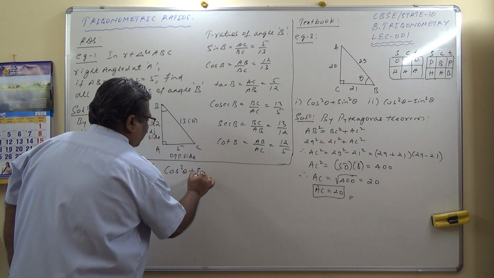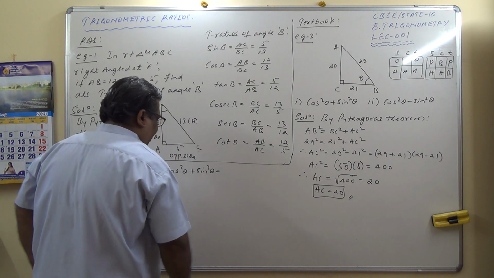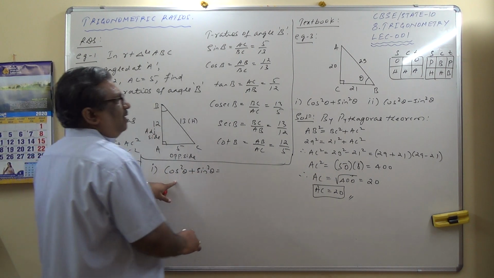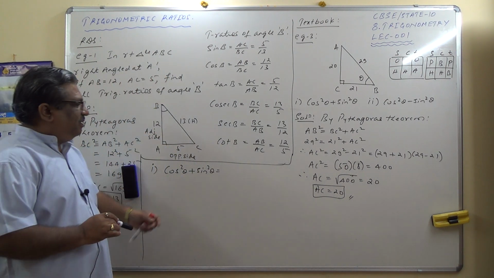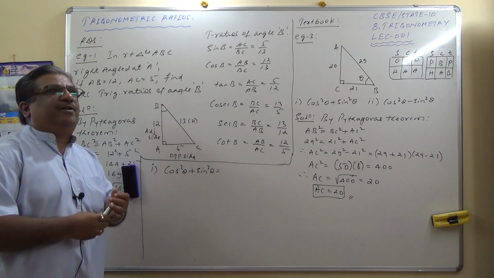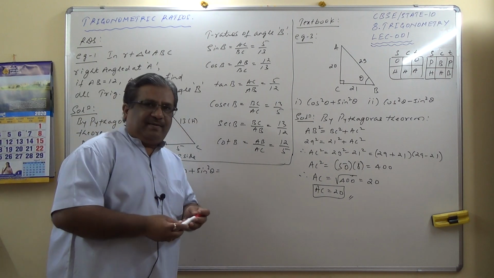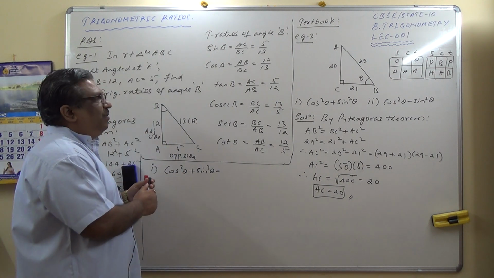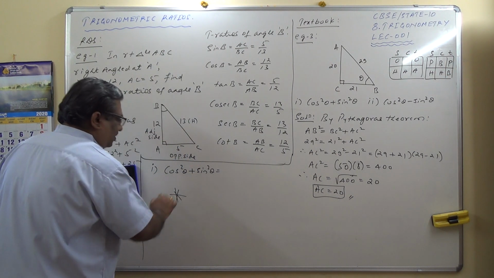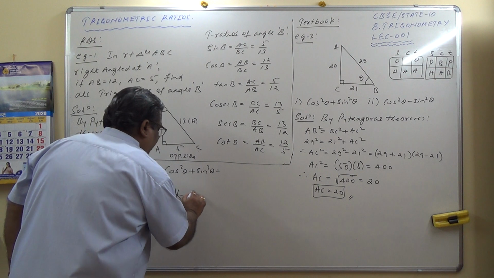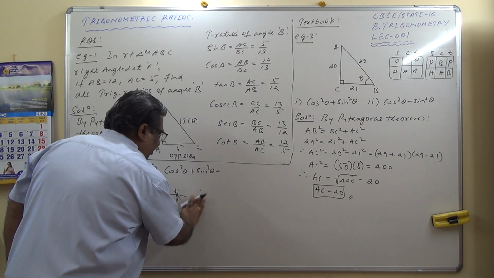First one, cos square theta plus sine square theta equals, what is cos square theta? One more thing I just wanted to tell you here. Whenever the squares of some trigonometric ratios appear, very important, you must note here itself.